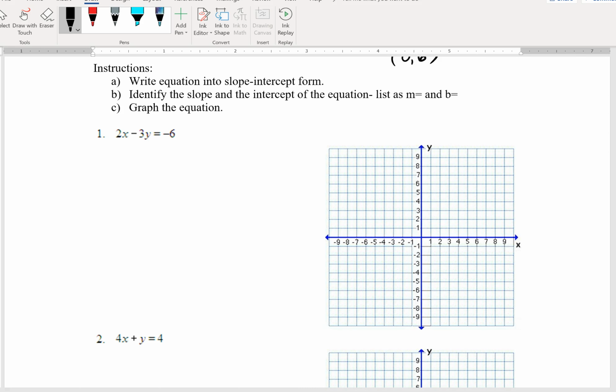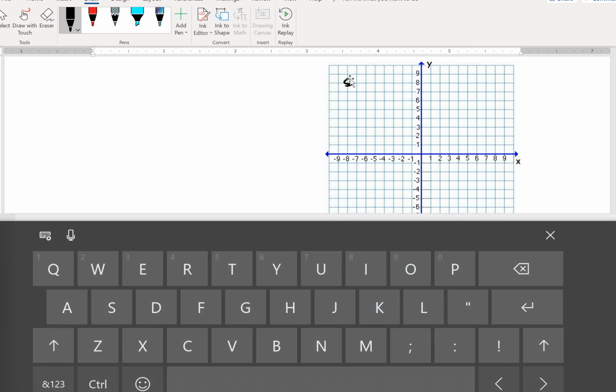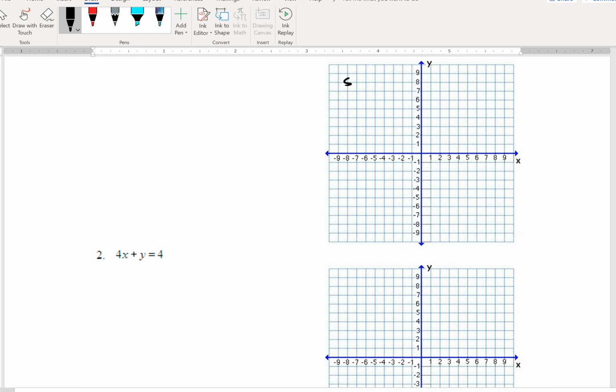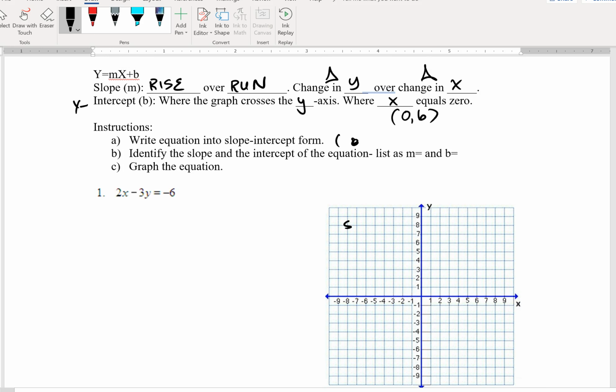What are you doing? You're solving for y, right? So I heard subtract the. What's left on the left side?